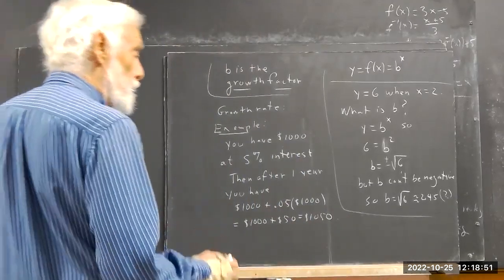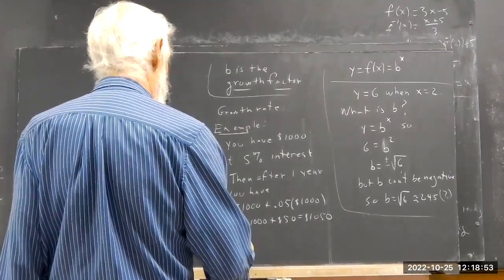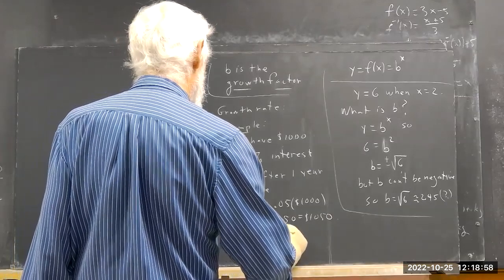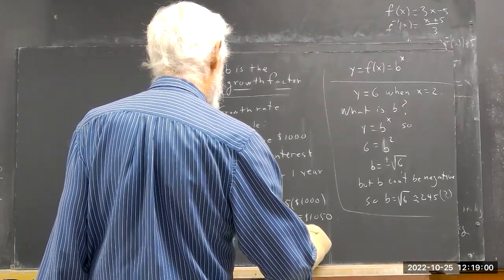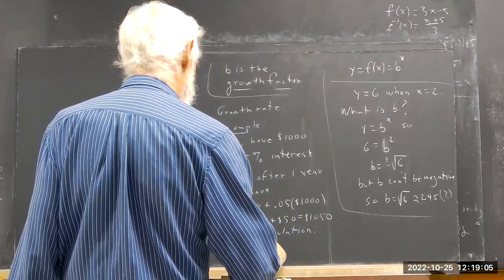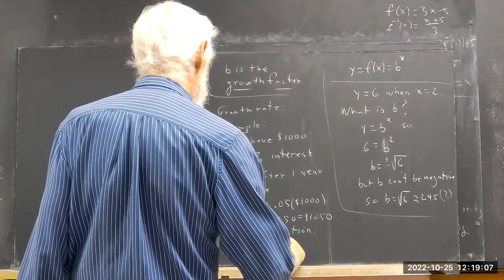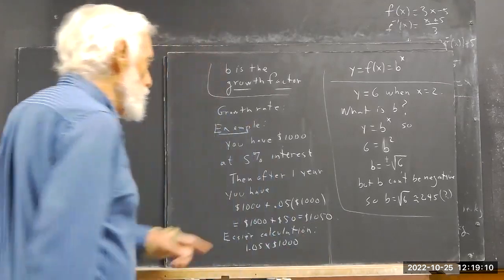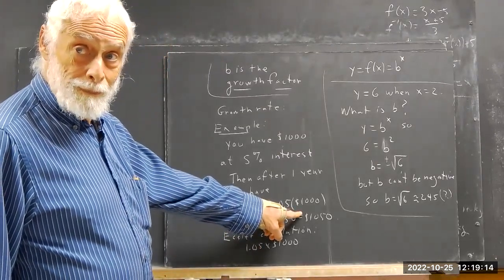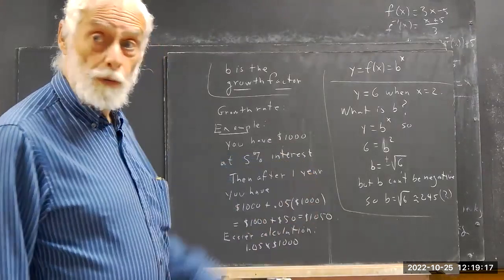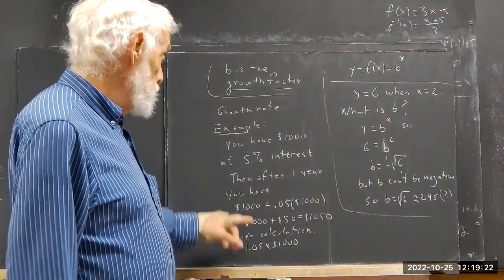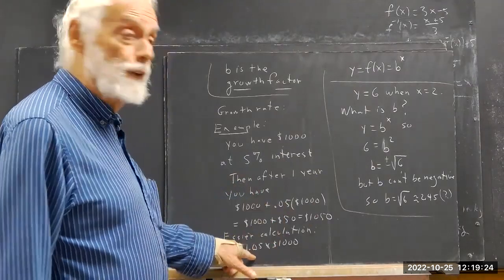Okay, the easier way to get that: if you factor out $1,000, you end up with 1 plus 0.05. And that's 1.05. So this is the same as 1.05 times $1,000.